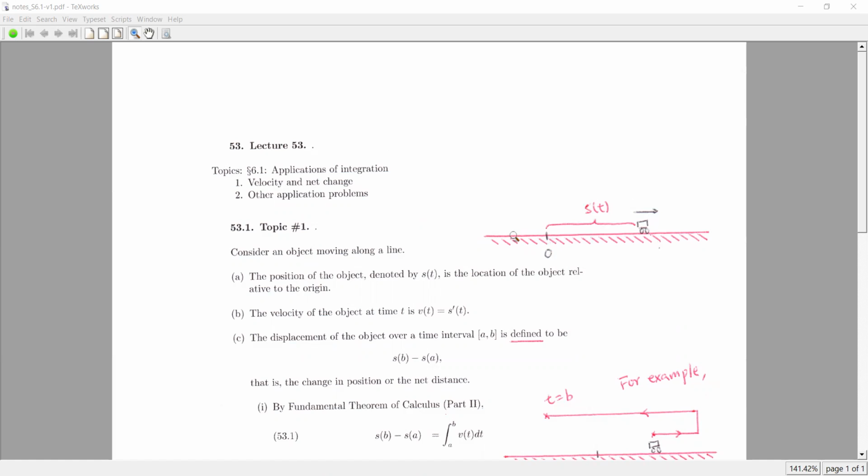When the object is to the left of the origin, its position is negative.